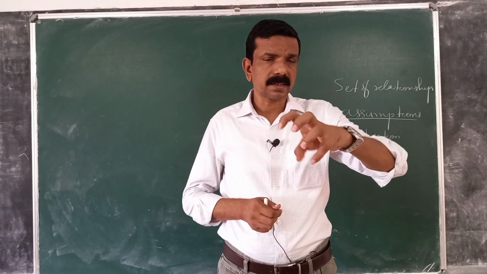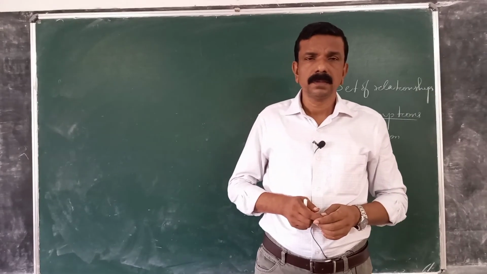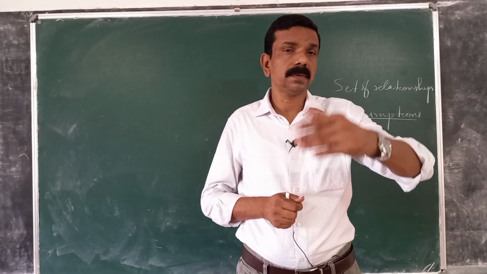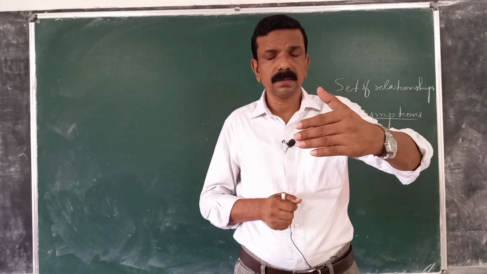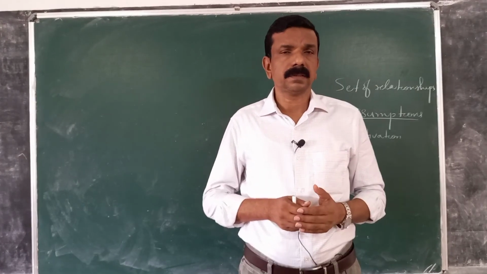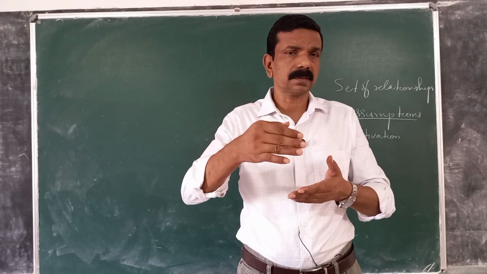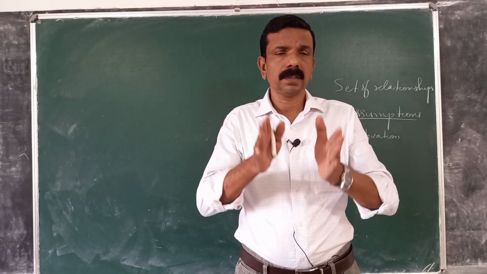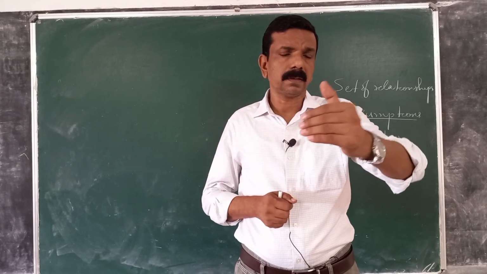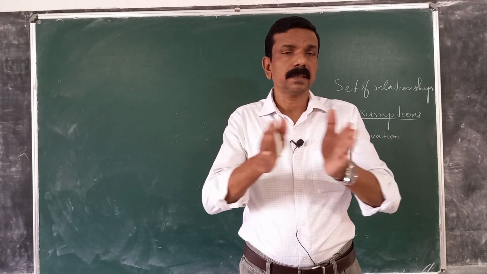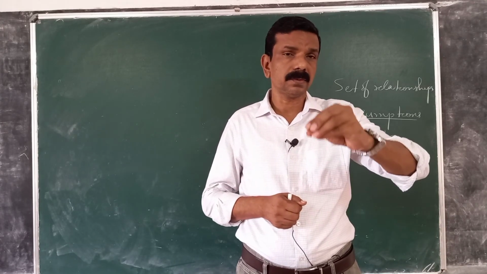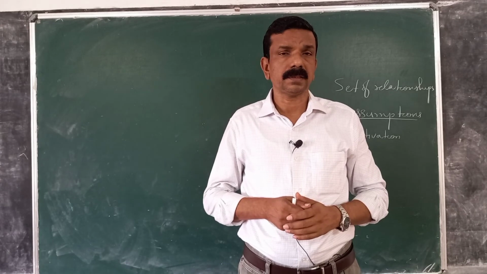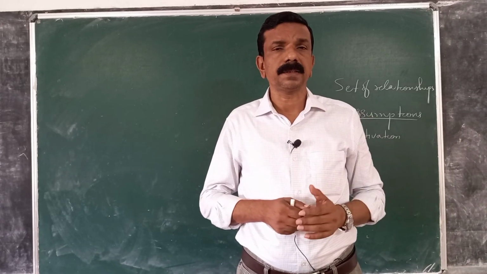So if you are constructing a simplified model, there will be many assumptions, but it will not be able to explain realistically the real world. So as the number of assumptions increases, complexity of the model decreases. But remember this, in any model, whether it is a simple or a complex model, you have to make assumptions. Assumptions are used to make simplifications of the complexity of the real world. It is abstraction from reality.